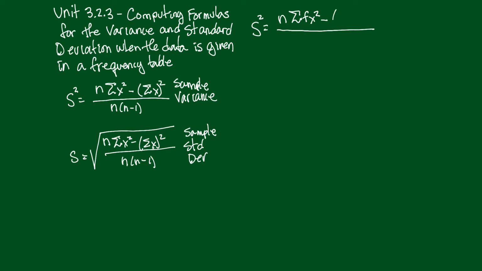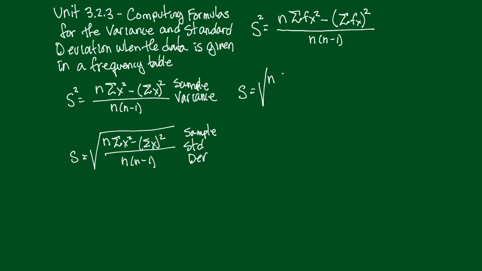Then we'll subtract. Instead of just the sum of the x squareds, we have to incorporate the frequencies. No big deal. We just add up the f times x and then square that. And it's still all over n times n minus 1. And then if we take the square root of all that, we'll get the standard deviation.